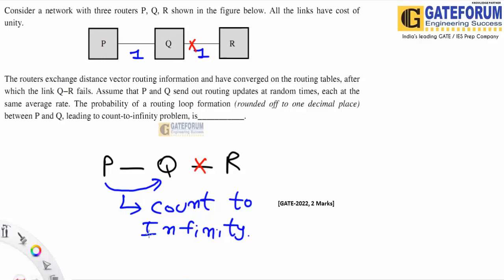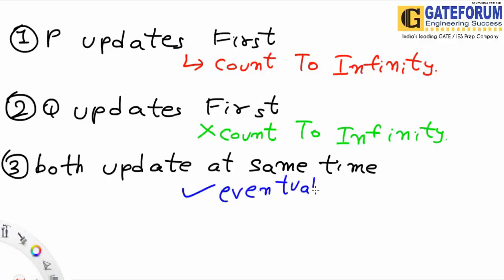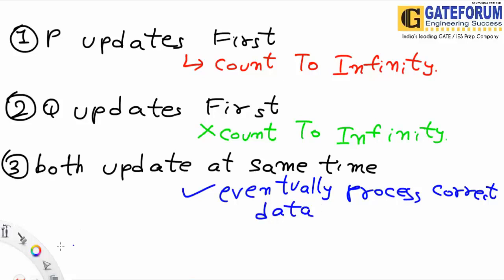So that's a very simple way of doing this concept. This is not happening at the same time, but eventually it will process correct data. Not in the initial part, but eventually it will process correct data. So you can say eventually there is no count to infinity.